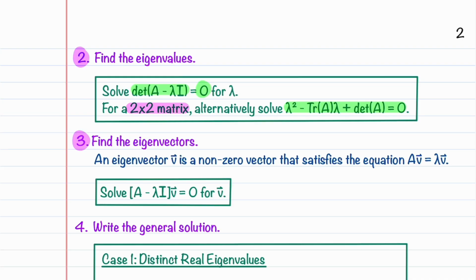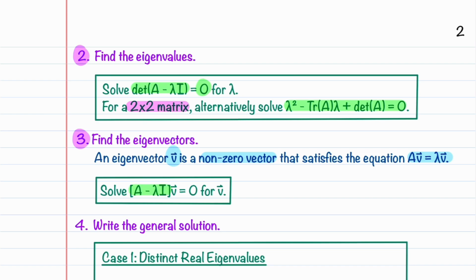In step 3, we're going to find the eigenvectors. An eigenvector v is a non-zero vector that satisfies this equation Av is equal to lambda v. If we move the lambda v to the left, that's equivalent to solving the system of equations A minus lambda I times v is equal to 0.